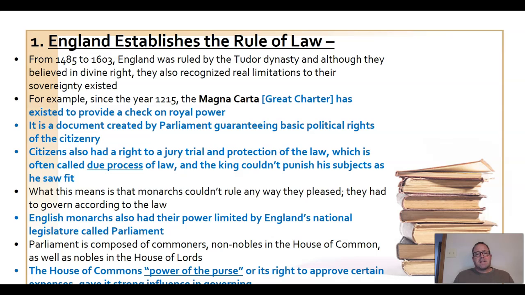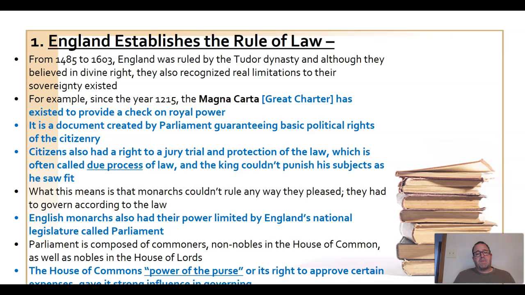Okay, and so it acts sort of as a constitution, a document which establishes the rule of law within England, and it makes the king subject to that, so that he or any monarch, a female for that example, might not be able to somehow step outside the law, make their own law, or defy existing laws. Okay, so that's something that's very important to note.